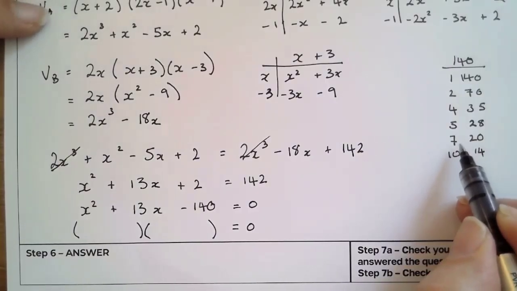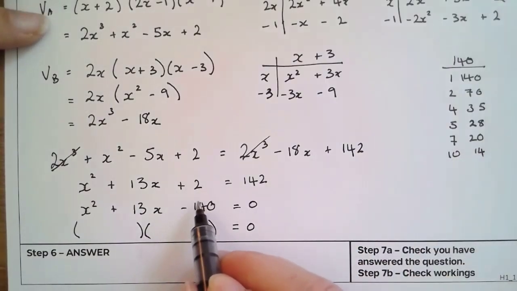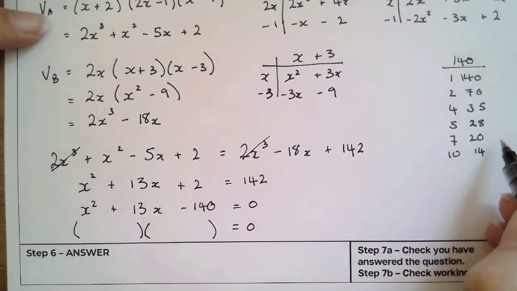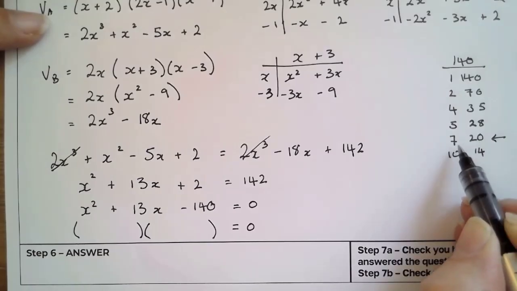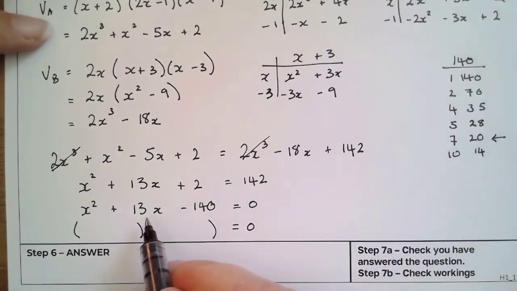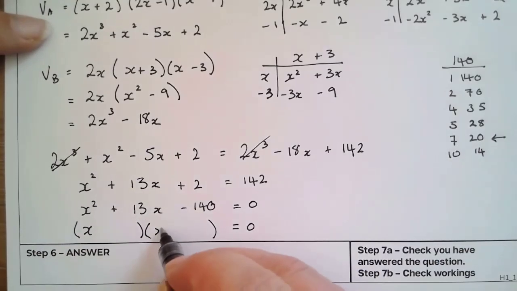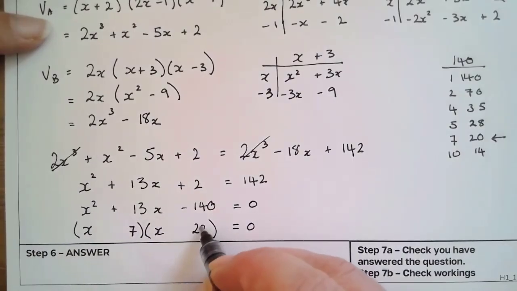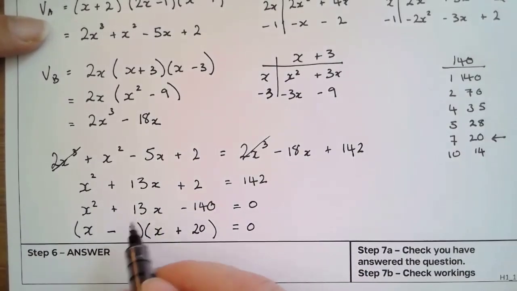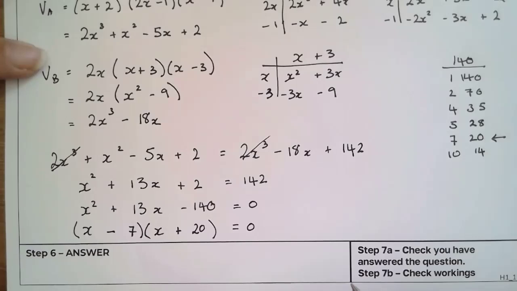It's lovely though, because we know that one of the brackets is going to be negative. This one here: if I take 20 and subtract 7, I do get 13. So positive 20, subtract 7 gives us the answers that we need here.